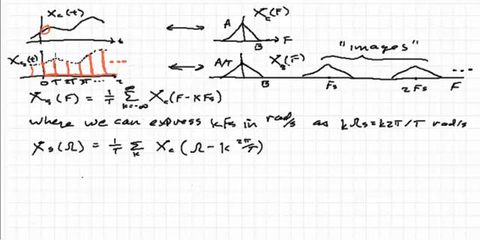Then it shoots back up to the amplitude, back down to 0, up to the amplitude, back down to 0. This is a terrible signal. We have totally sliced and diced this thing through the sampling process.